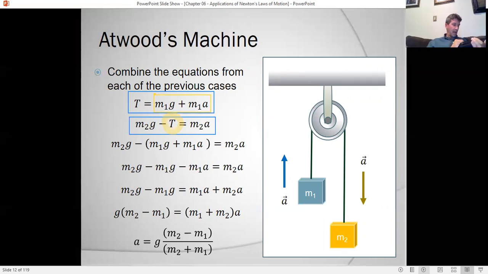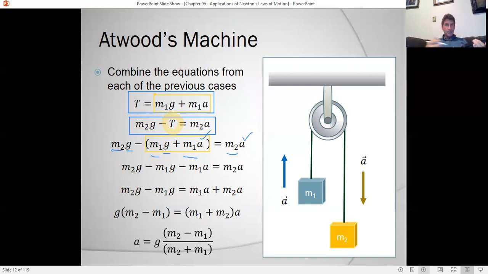So I place that where tension used to be, and now I can solve for my unknown, which is A, okay? All I've left here as an unknown, everything else would be given, right? I know M2, I know G, I know M1. A is the only thing that is unknown.